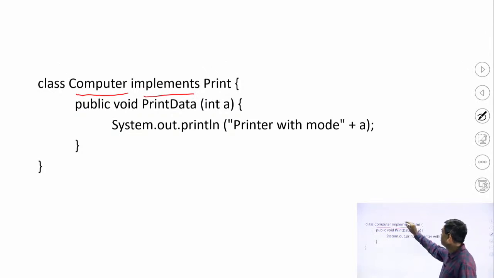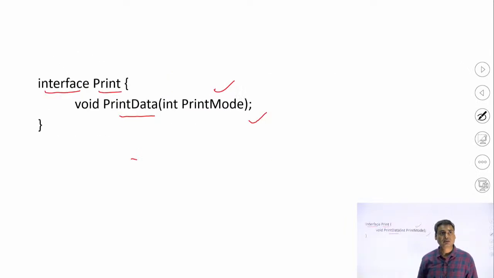So this implements keyword is important to implement an interface. The name of the interface is print, as you can see here, and the name of the class is computer. Now in the interface, see again, we have defined print data as an abstract function. No definition is given here.